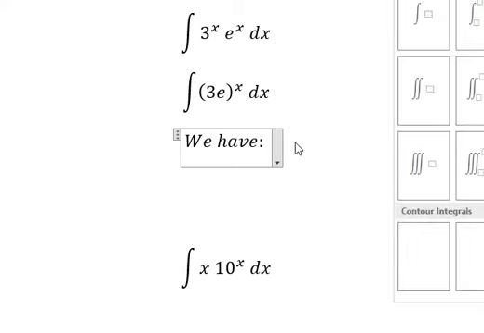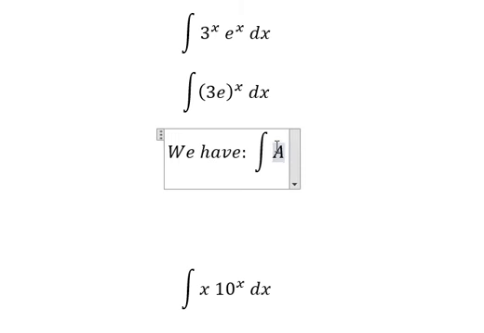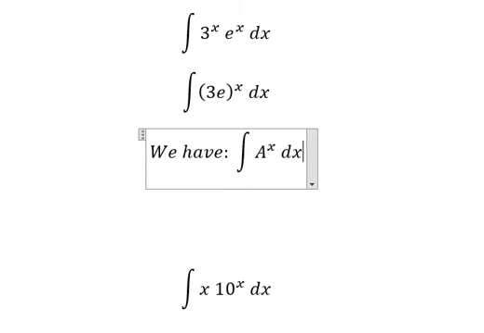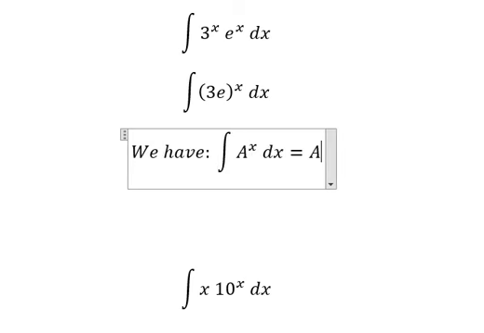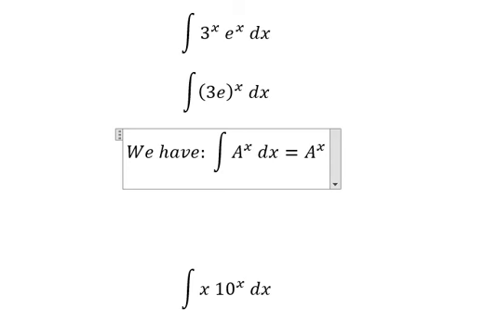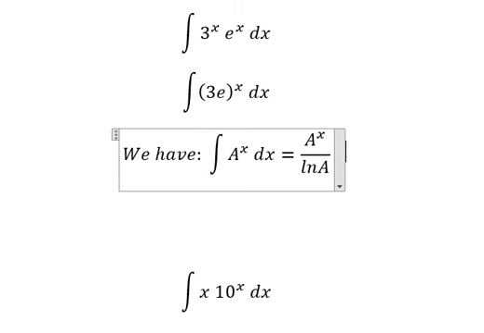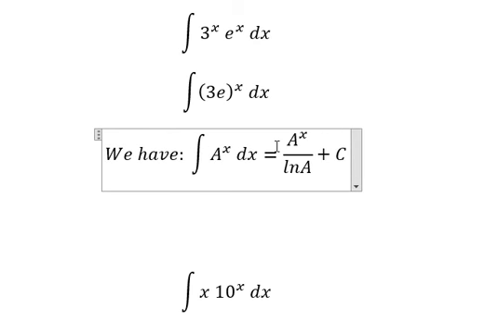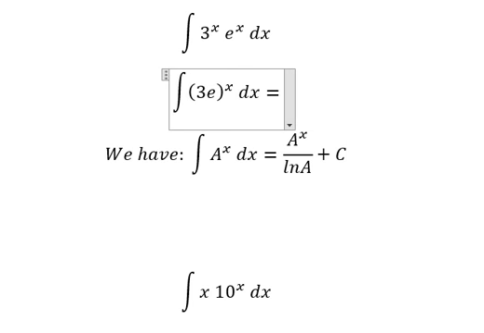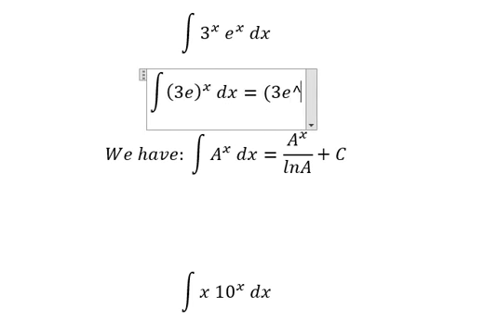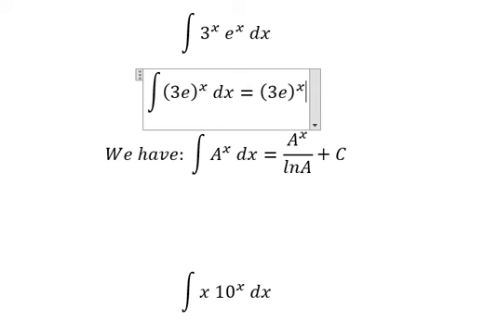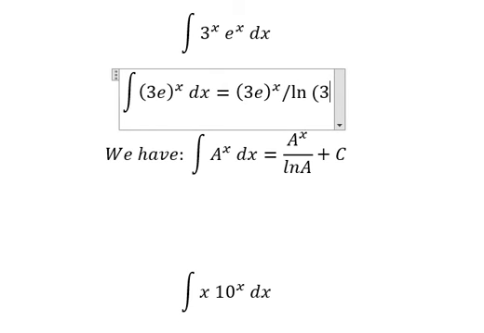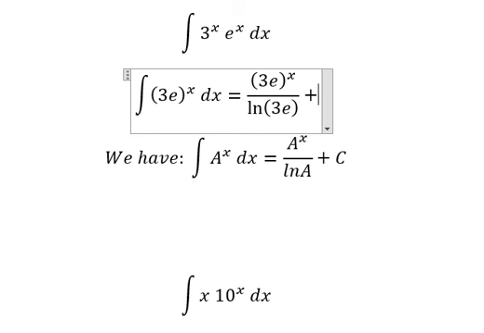The integration of capital A to the power of s ds gives capital A to the power of s over ln A, and we put plus c. Now we can apply the formula in here, and you get 3e to the power of s over ln 3e, and we put plus c.